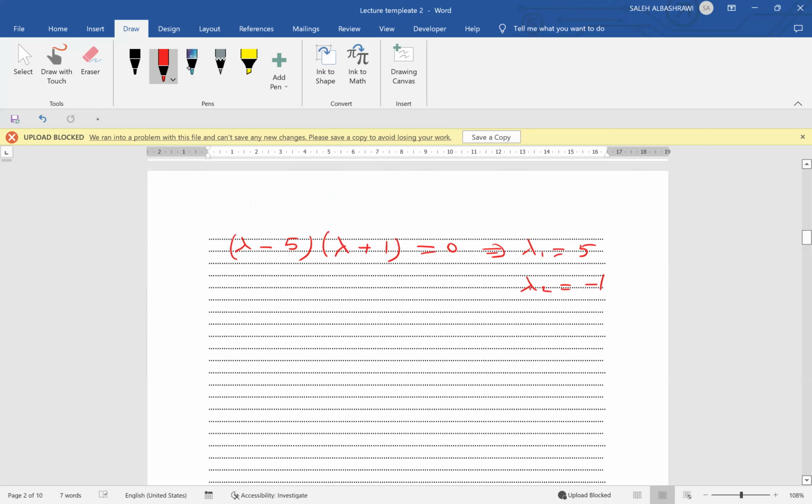Just take the first one, for lambda equal to 5. We have the equation A minus lambda I times k equal to 0.